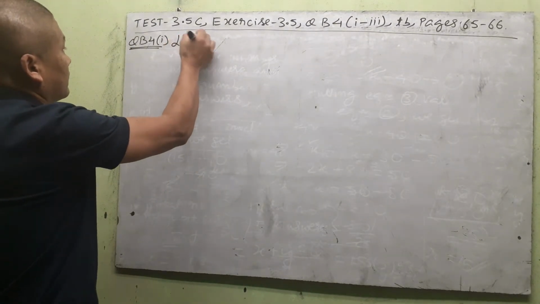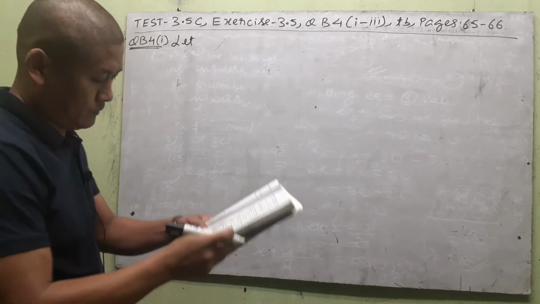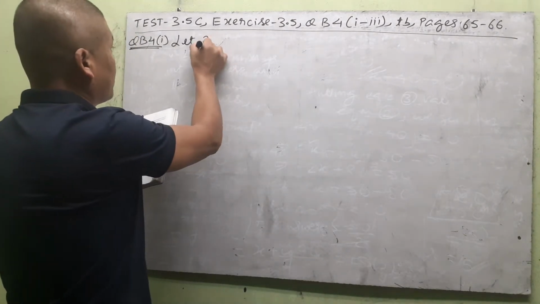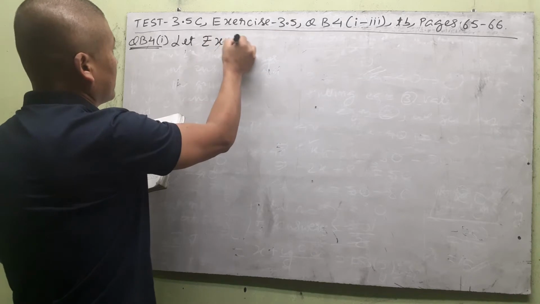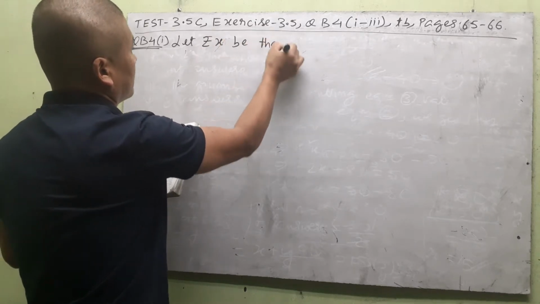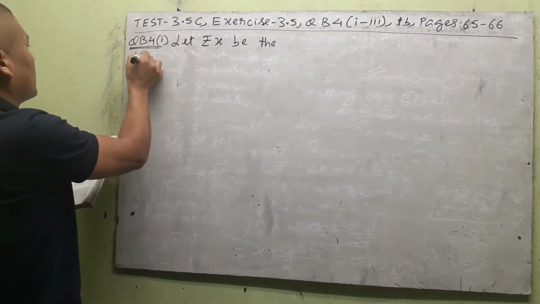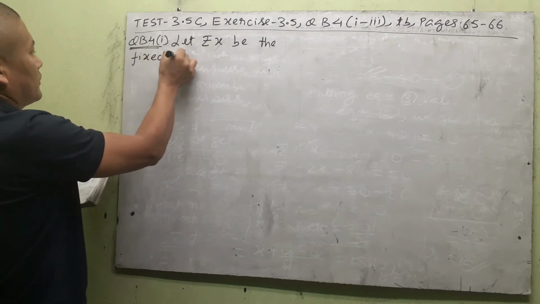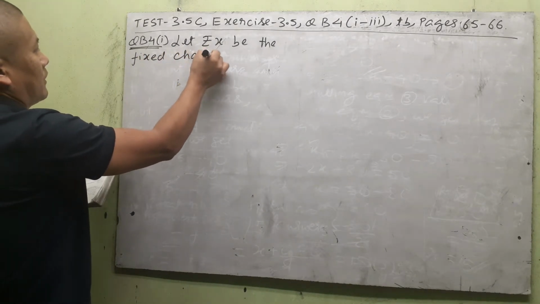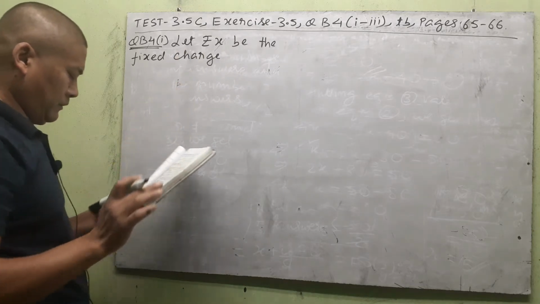Let us write there. Let rupees X be the fixed charge that every hosteler has to pay. This is fixed, okay.